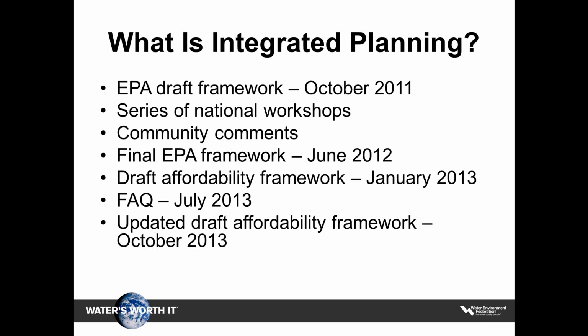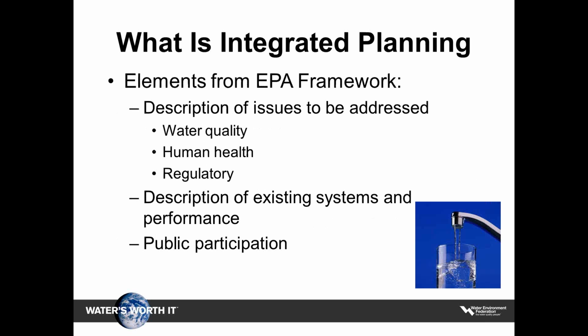They also have been working more on affordability issues. There was a draft affordability paper out in the beginning of the year. A frequently asked questions document about the integrated planning framework itself came out in July. And EPA has provided the mayors with an updated affordability framework this fall. It's not yet been widely distributed, but we hope to see that publicly soon.